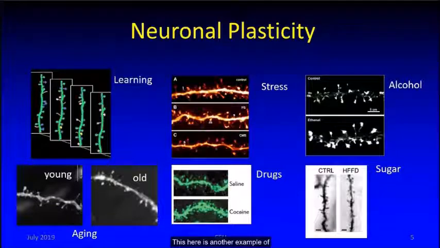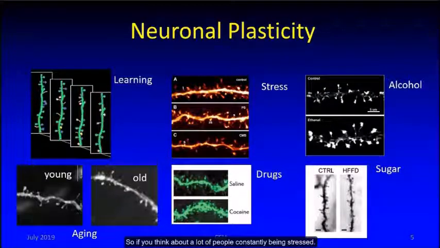This here is another example. Animals that were under a very strong stress versus animals that were kept under a low but very chronic stress. The spine morphology changes under chronic stress.